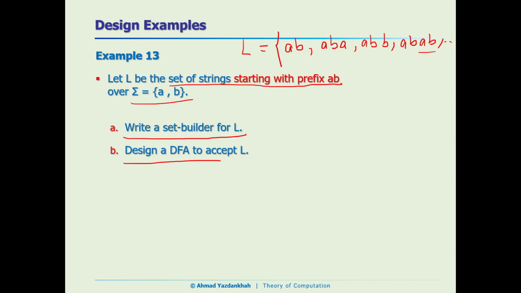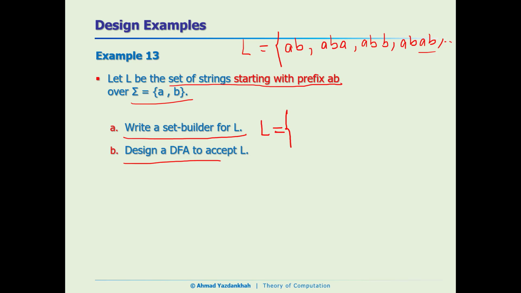Okay, so when we say anything after the AB, we learned so far what the anything means. We need to use a variable, a string variable, to represent that.